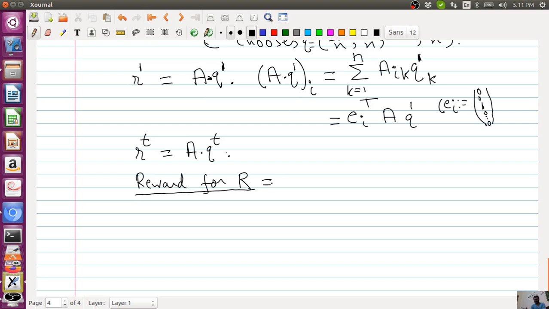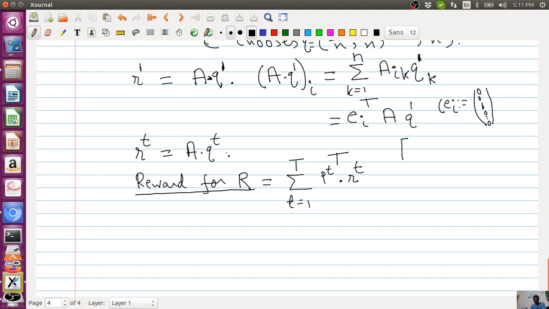So reward for R is, sum over t equal to 1 to capital T, and what is the reward? Reward computed by R. So the reward function is Rt, and the player chooses the strategy Pt. So it's basically the dot product of Pt and Rt, Pt transpose times Rt.